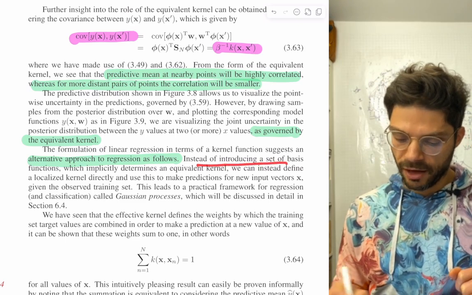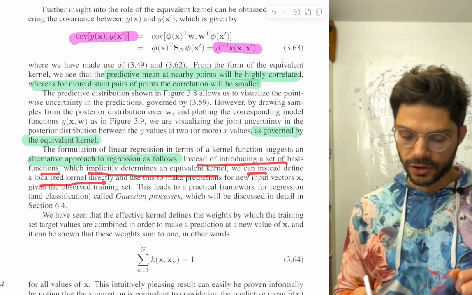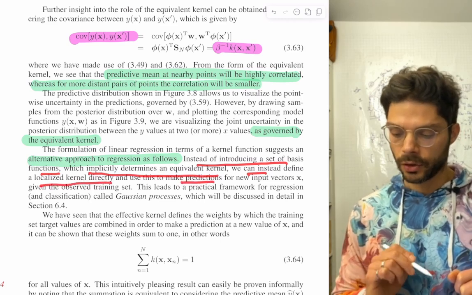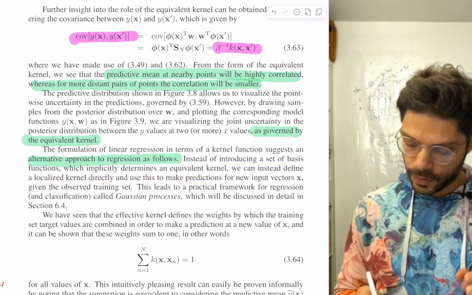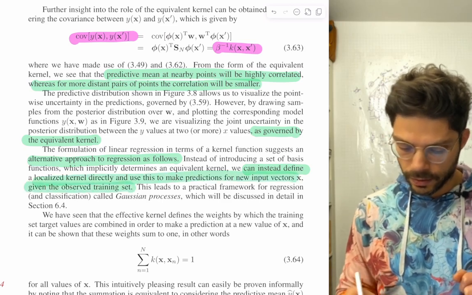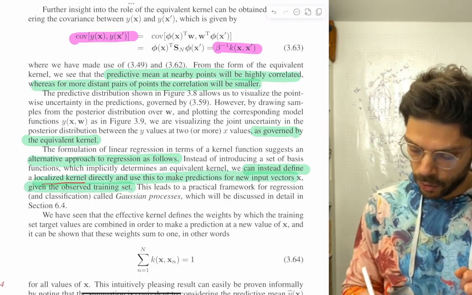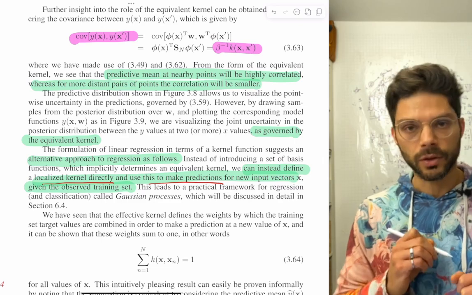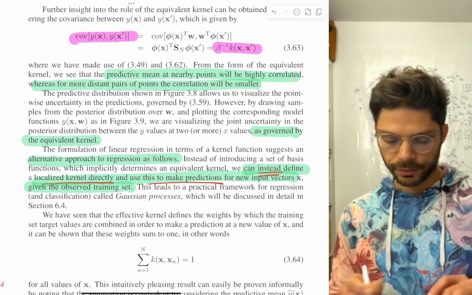Instead of introducing a set of basis functions, which implicitly determines an equivalent kernel, we can define a localized kernel directly and use this to make predictions for new input vectors. That's what we want: instead, define the kernel itself.